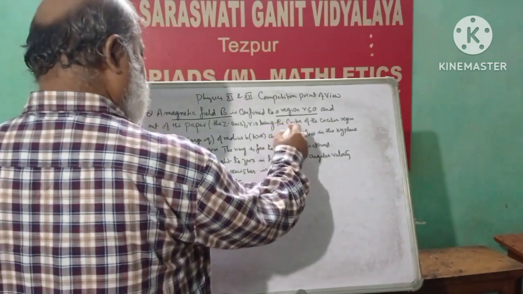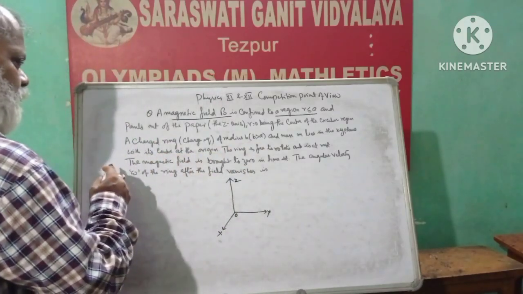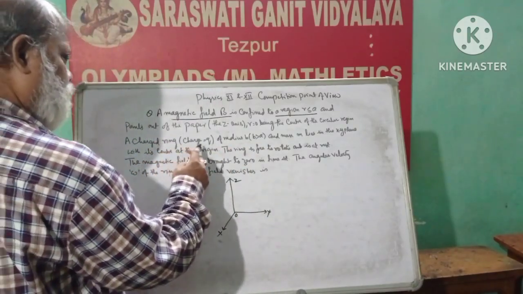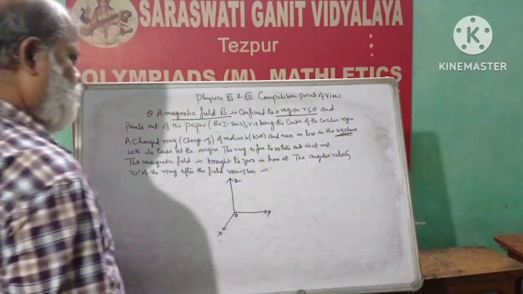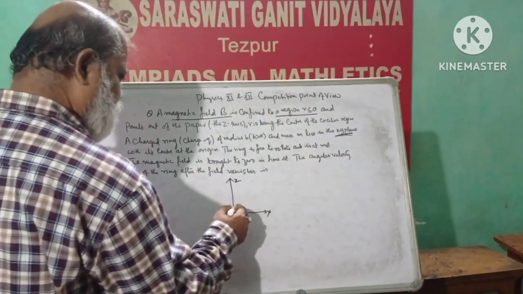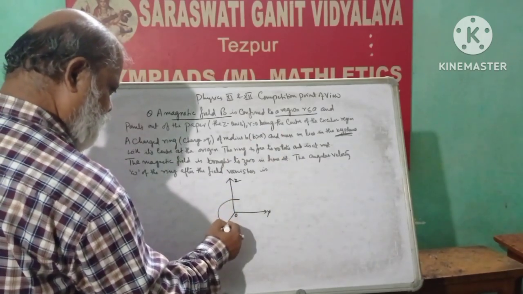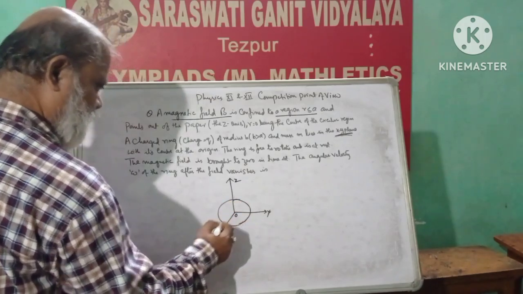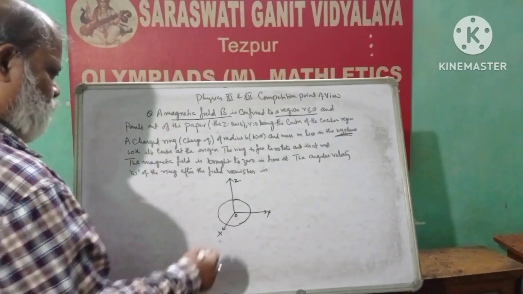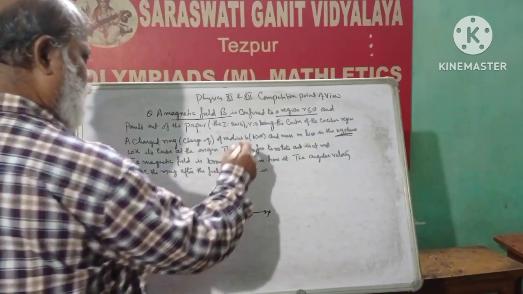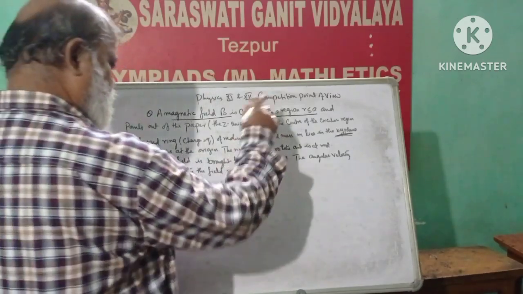A charge ring of radius b and mass m lies in the xy plane with its center at the origin, where b is greater than a.